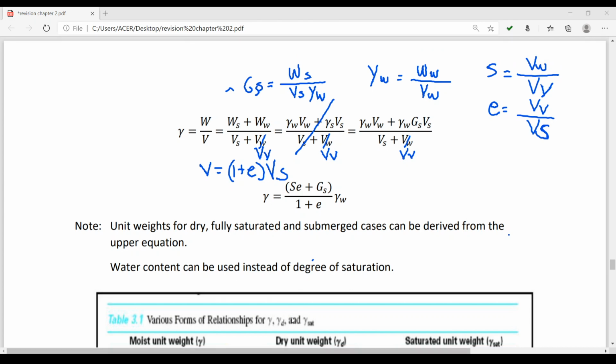So we have the degree of saturation S equal to Vw all over Vv.